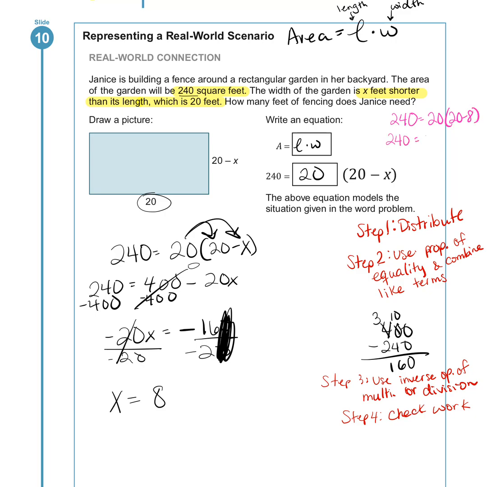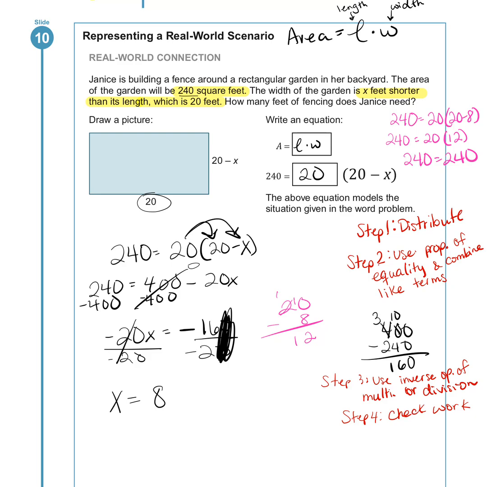So 240, 20, 20 minus 8, if I work it out down here, my workstation, that's going to be 12. And 12 times 20 is actually going to just equal 240, right? So that is my correct answer.